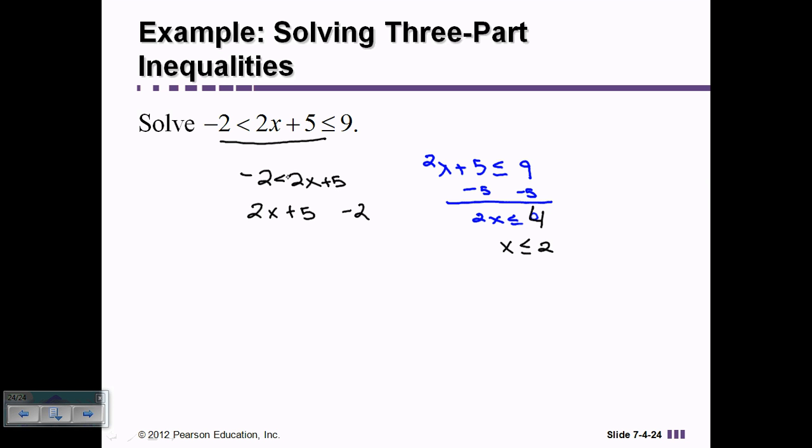Look at this carefully. The arrow is pointing to the -2, so we need the arrow to point to the -2. Divide both sides by 2. And so here are our two solutions.